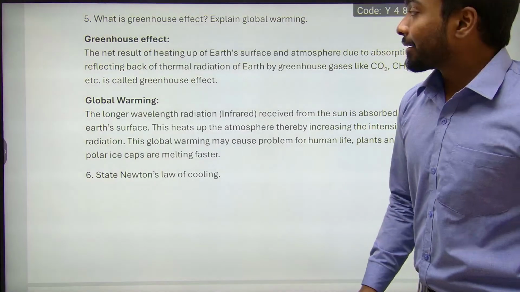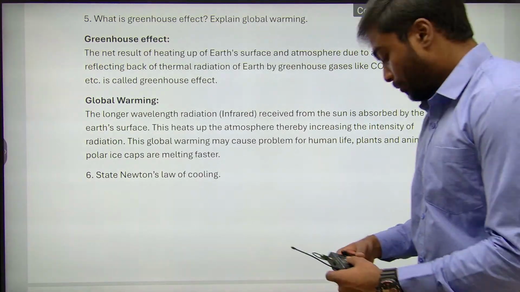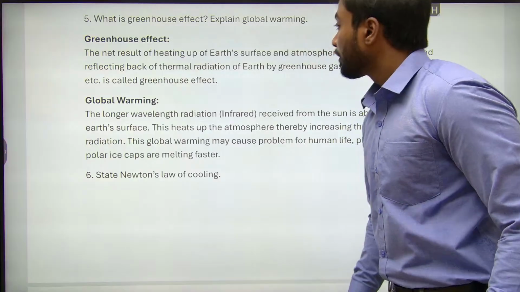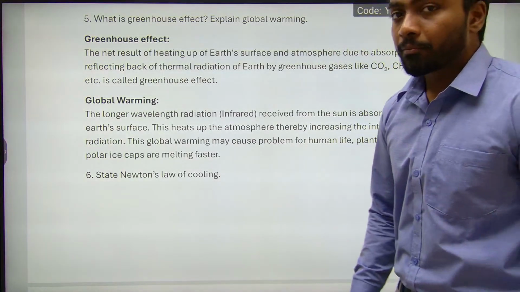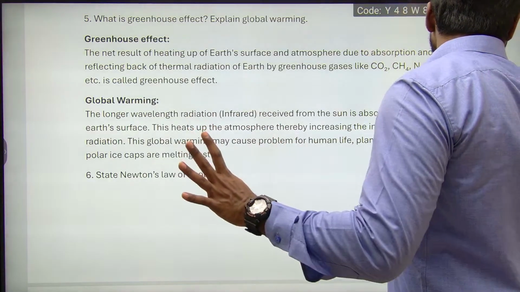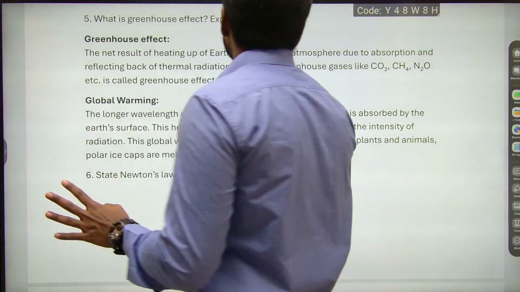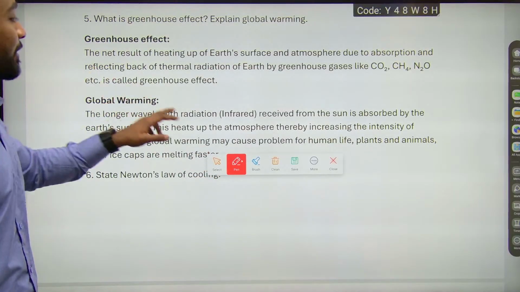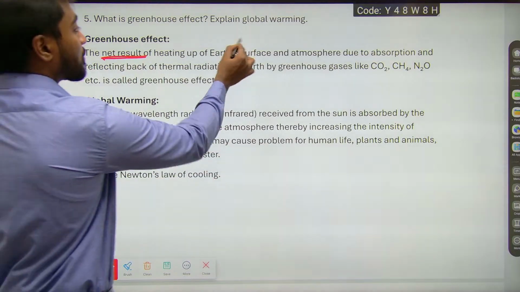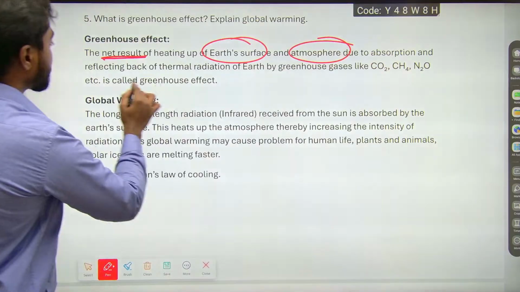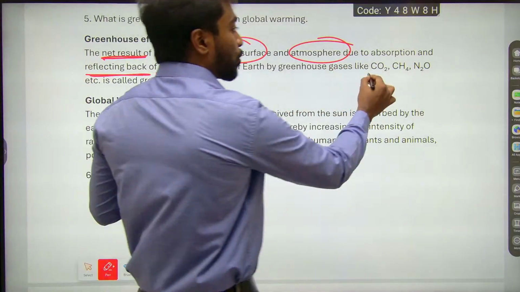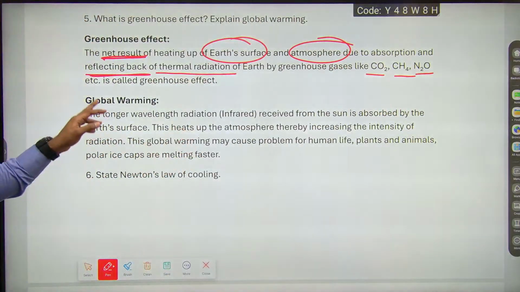The greenhouse effect is the net result of heating of Earth's surface and atmosphere due to absorption and reflecting back of thermal radiation by greenhouse gases like CO2, CH4 and N2O. That is called the greenhouse effect.